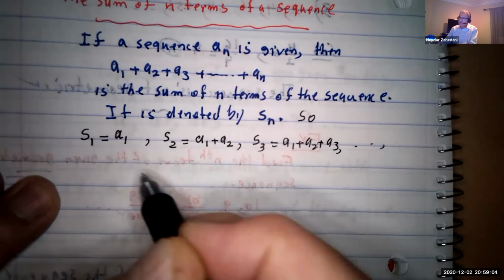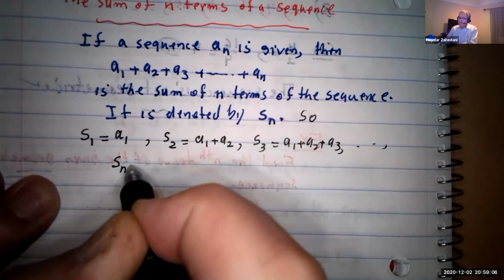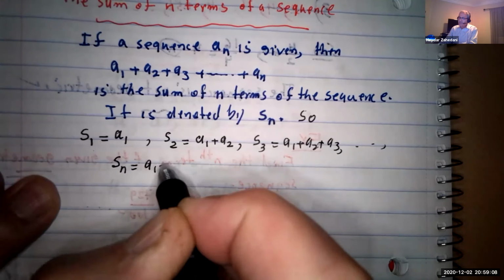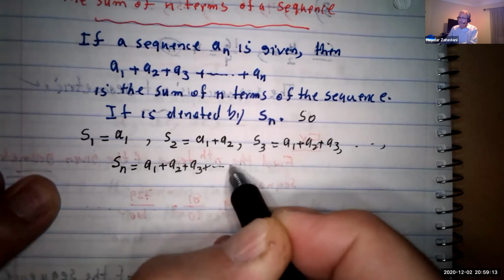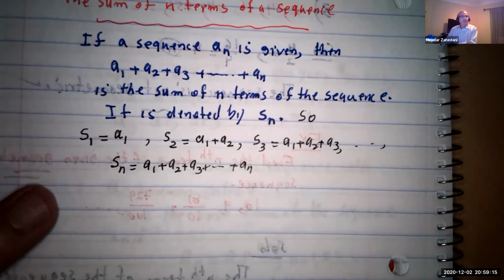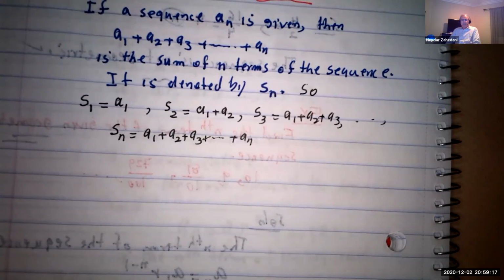And in general, Sn is A1 plus A2, A3 up to An. So this is the sum of the n terms of the sequence.